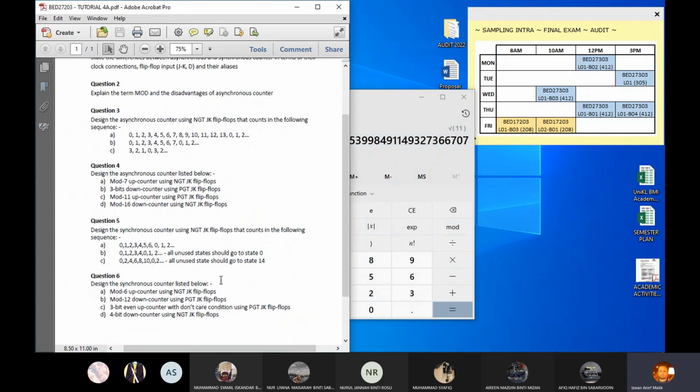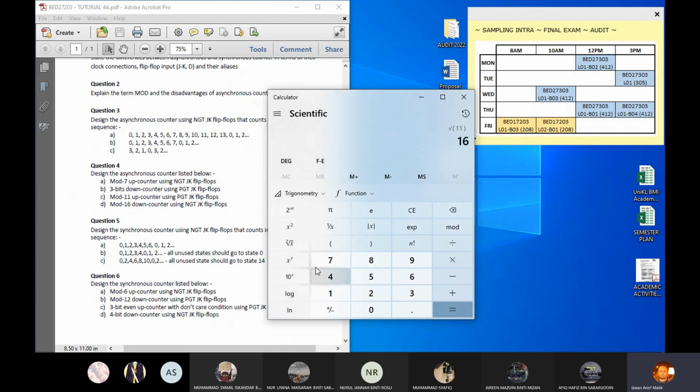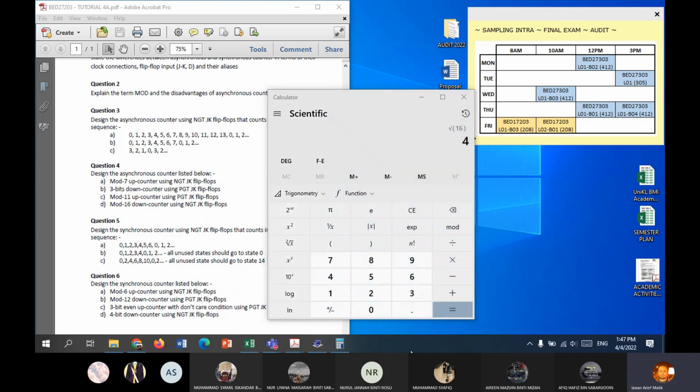Okay, so last one for today for asynchronous mode 16 down counter. So mode 16 kita square rootkan 16, kita dapat 4. So mode 16 obviously it is a full cycle counter lah. 0, 0, 0, 0 up until 1, 1, 1, 1. So mode 16 dia akan kira 0 sampai 15.